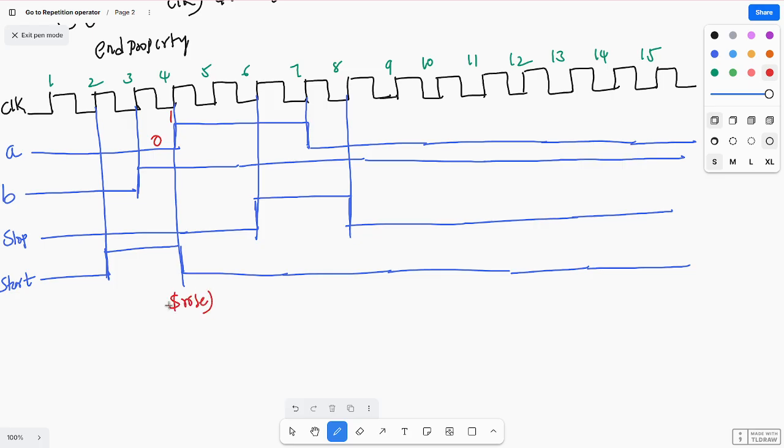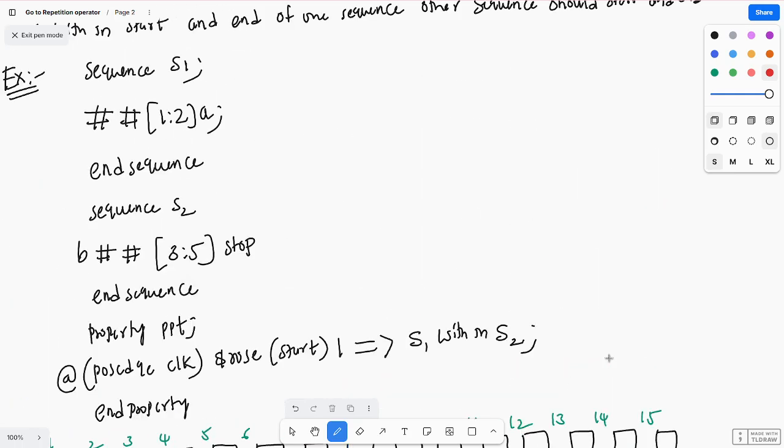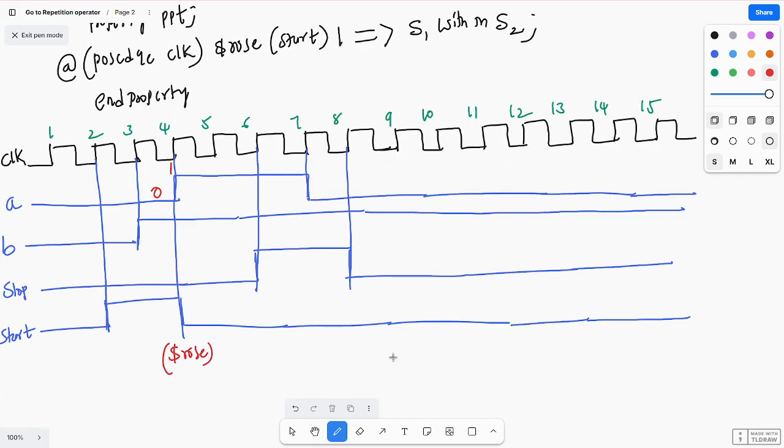So after this active transition, A should become 1, and one more delay is added, at the second cycle. So this is the first cycle and this is the second cycle. At the second cycle it should be 1.